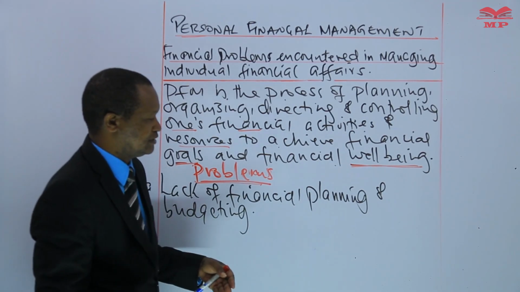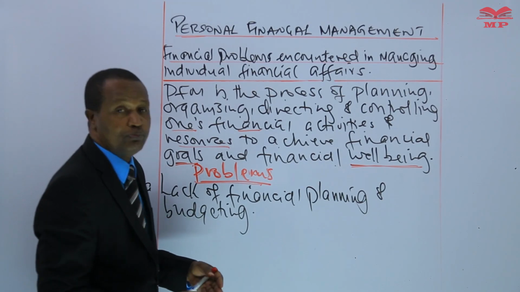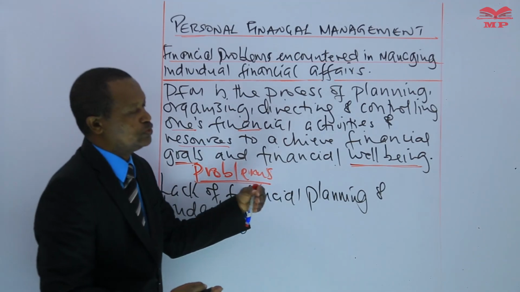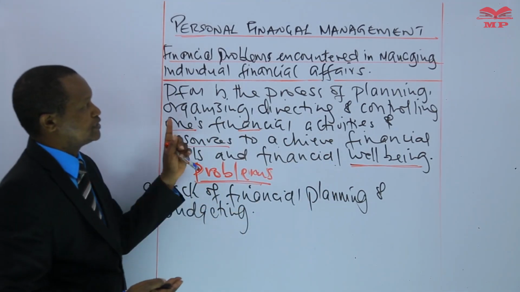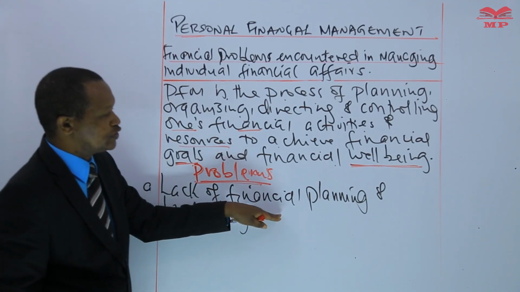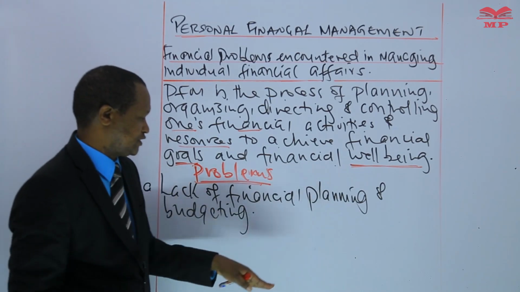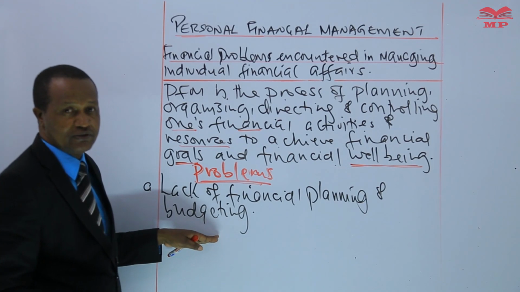Having a financial plan may require individuals to put on paper what they expect to do in future. So one of the problems encountered in managing individual financial affairs is that individuals may not have financial plans about their lives. They may not have budgets.